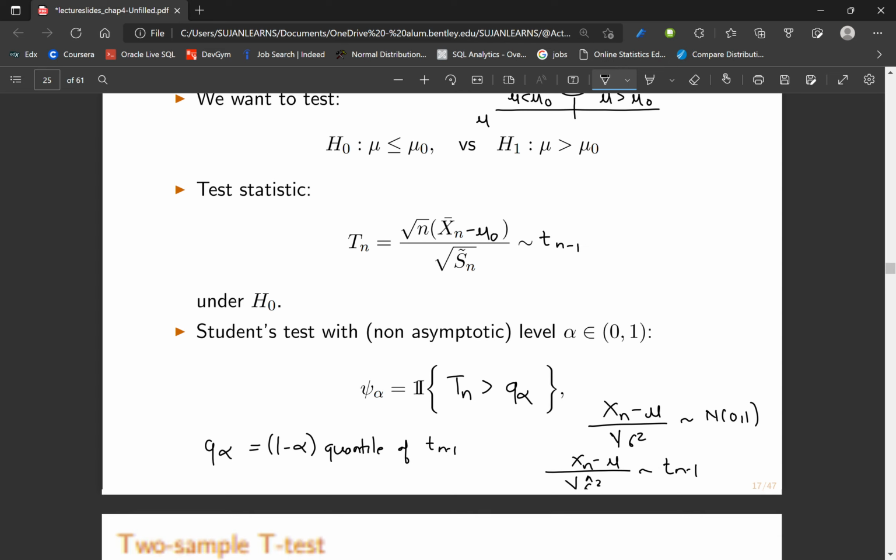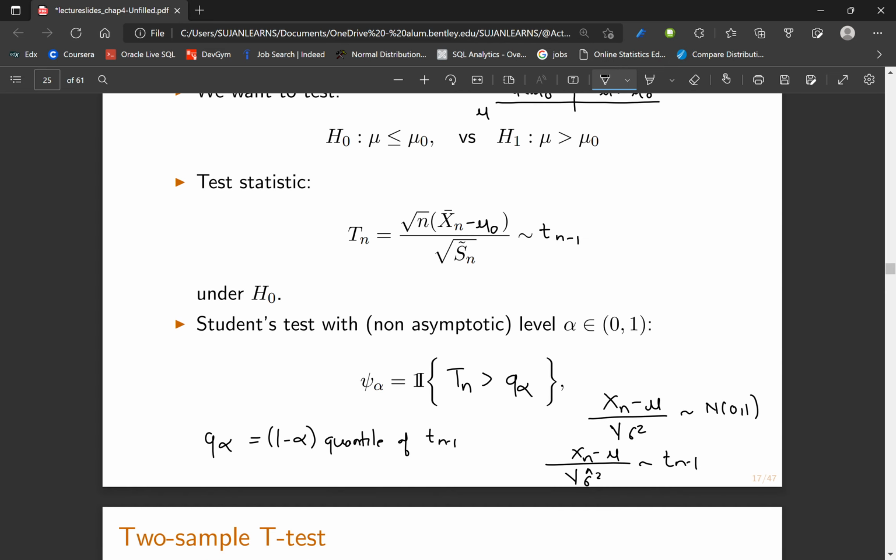Then we created a test statistic, and we used it to create a test, and we rejected the null when Tn was greater than q alpha. And using this information we created the Student's test for one-sided and one-sample.